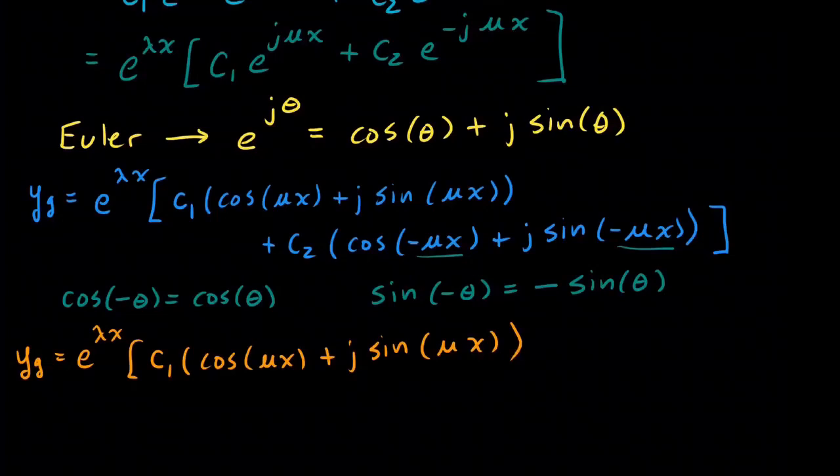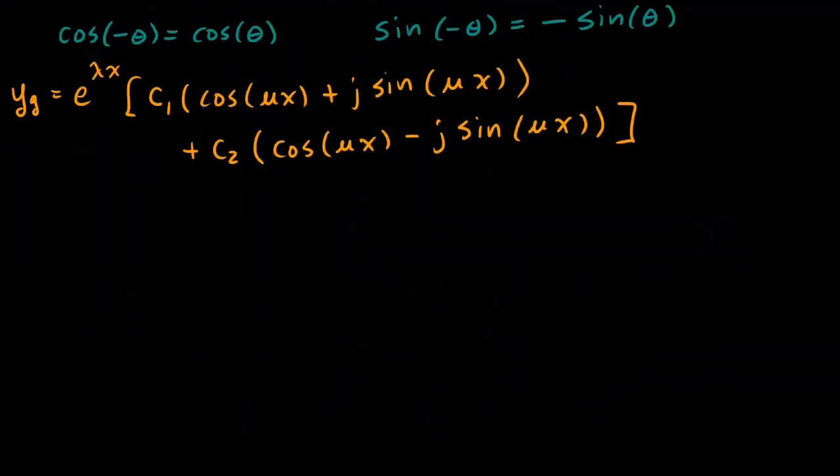Okay, that's our C1 term. And then plus C2, and now we're going to write cosine of mu x, and then minus j sine mu x.